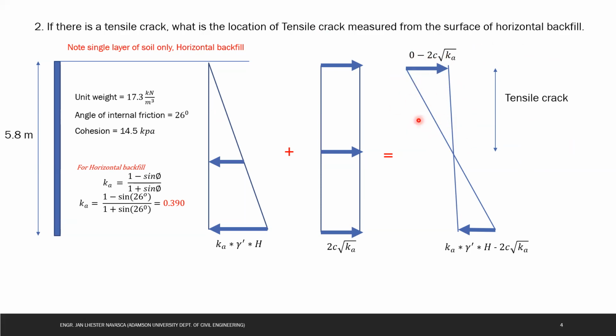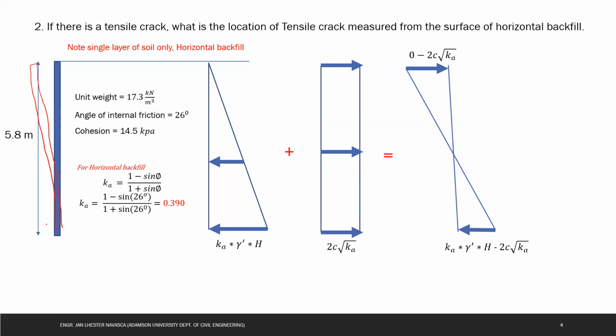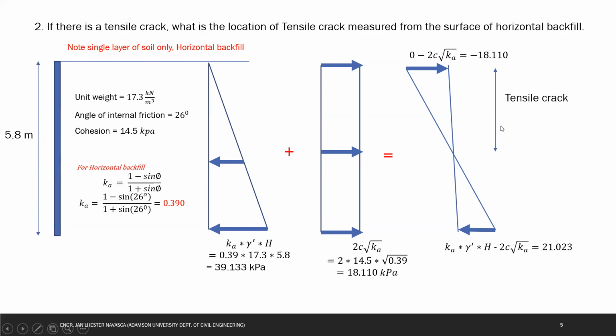This will be a tension force in your retaining wall, meaning there is a tensile force at this location, which is this one. Okay, so that is a tensile cracking. Ibig sabihin, magkakaroon ng tensile cracking dun sa soil natin due to that active pressure. Okay, so hanapin natin yung distance na yan.